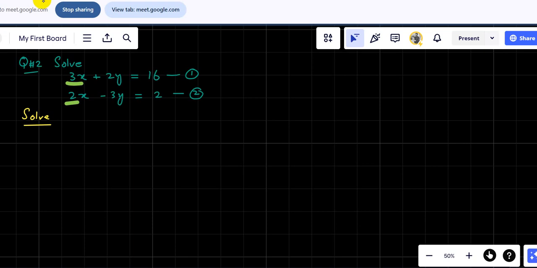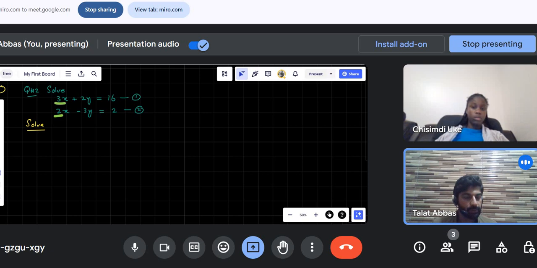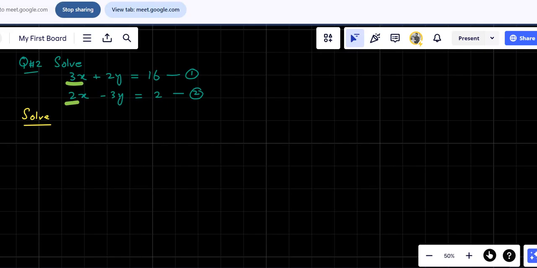We can multiply the whole equations. As 2 and 3 are not multiples of each other, they are not in each other's tables. So when you have two different coefficients, just multiply the first equation by 2 and the second equation by 3.